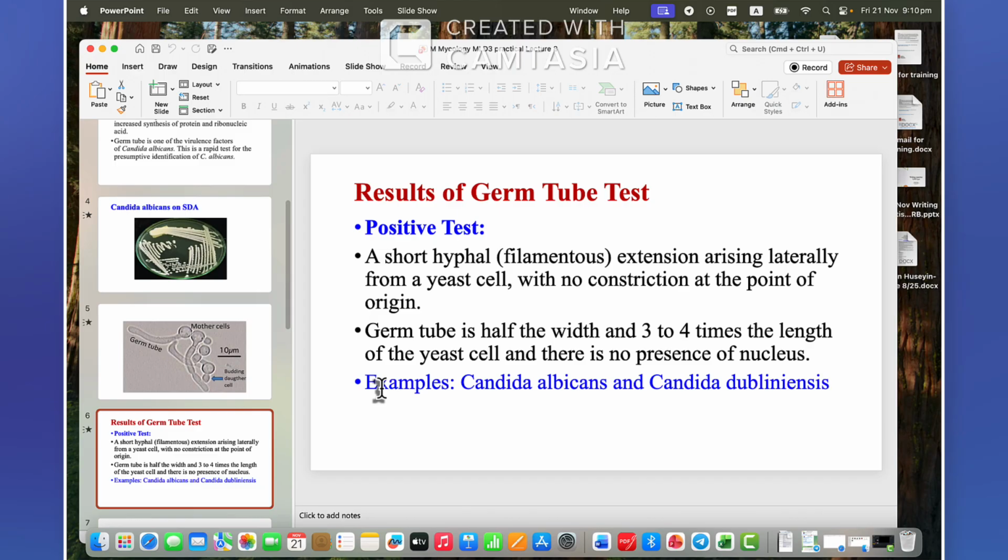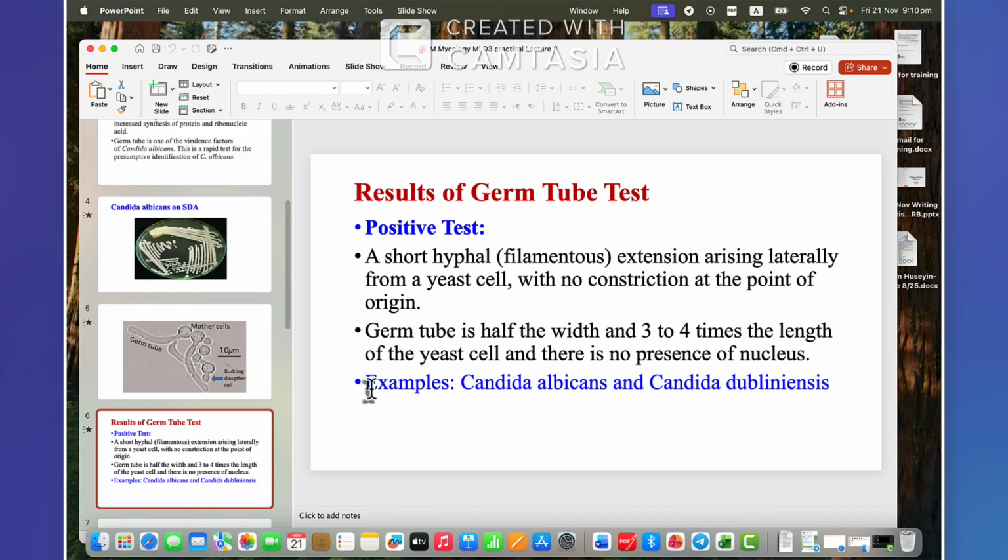In dimensions, the germ tube is about 3 to 4 times the length of the yeast cell, of course with no presence of a nucleus.